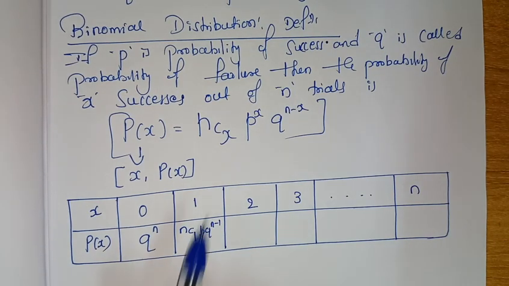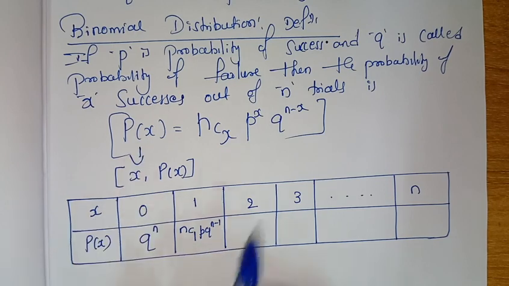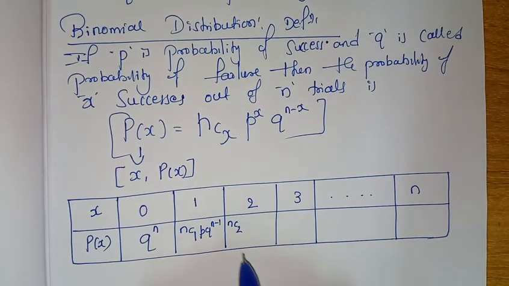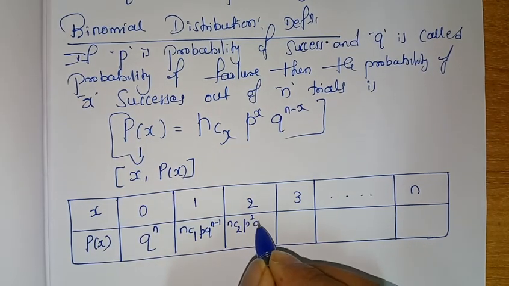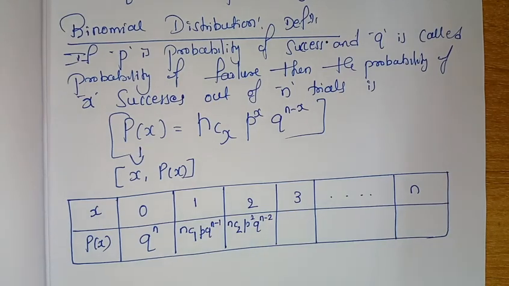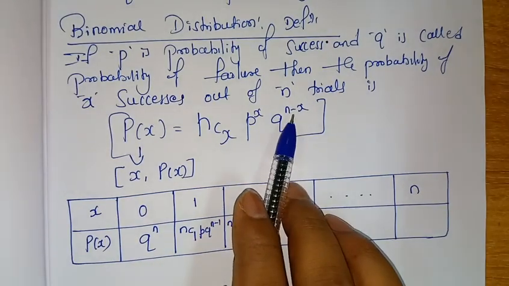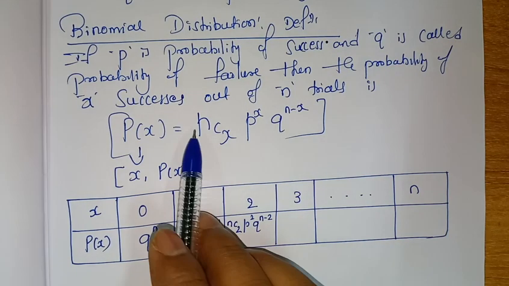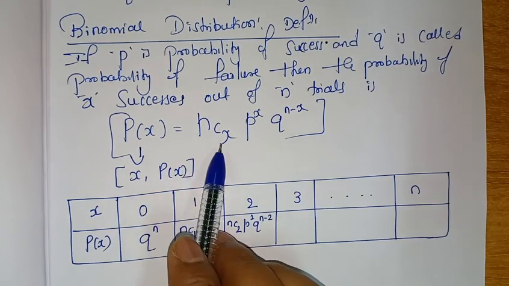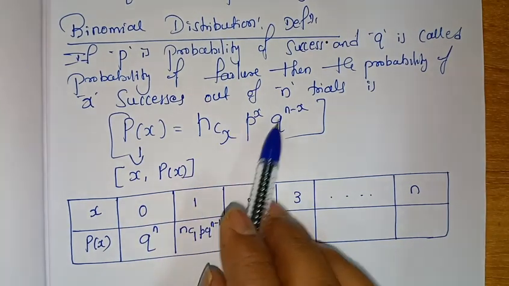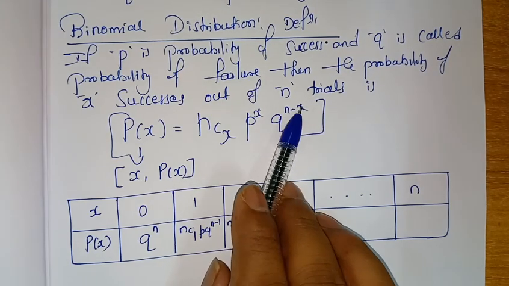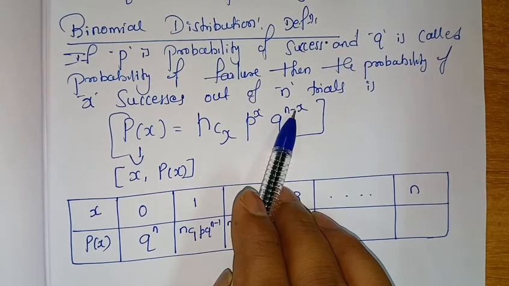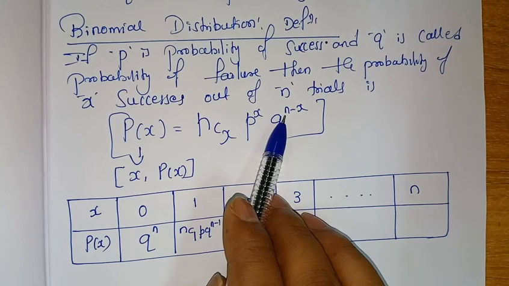In the same way, if we take X equal to 2, this becomes NC2 P square Q power n minus 2. If I write up to the last nth term, it becomes NCn P power n Q power n minus n. N minus n is 0, and Q power 0 is 1, because anything power 0 is 1.